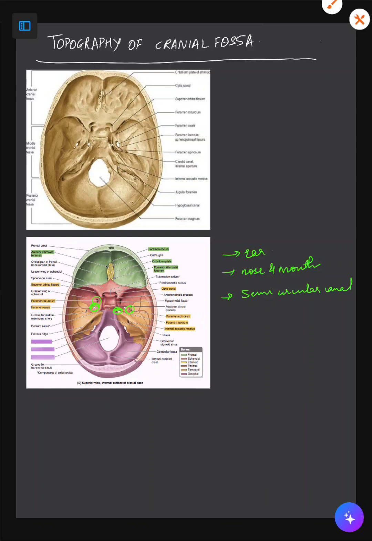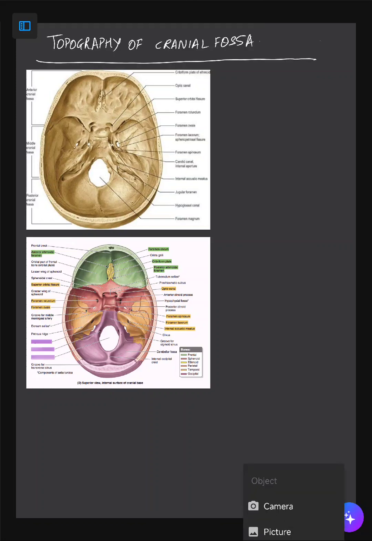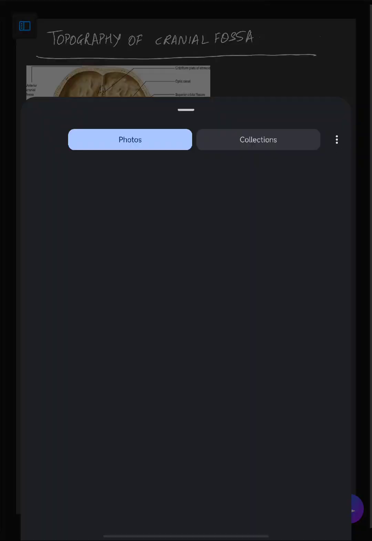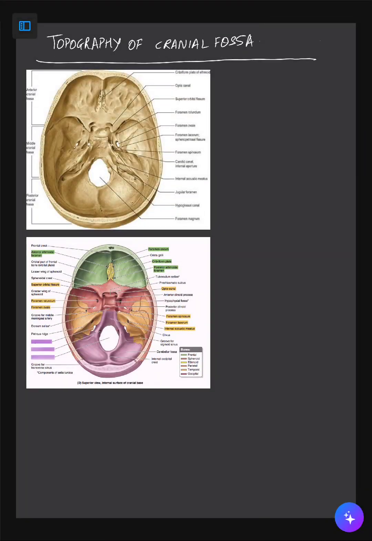Now, the topography of the posterior cranial fossa. Anteriorly is the superior border of the petrous temporal bone.